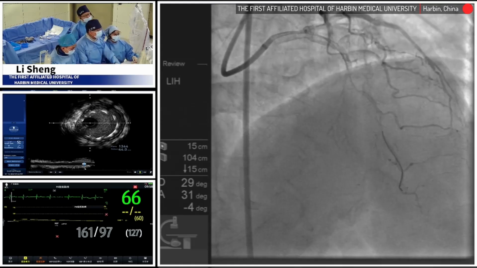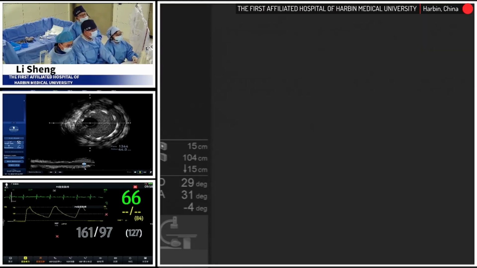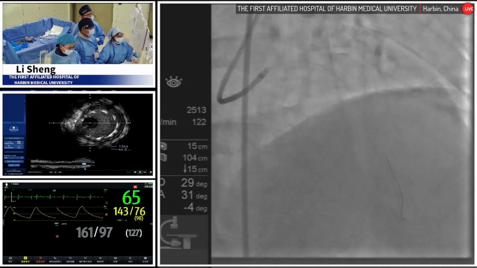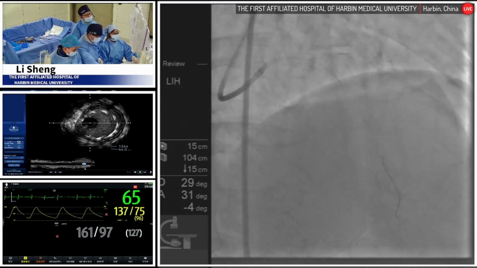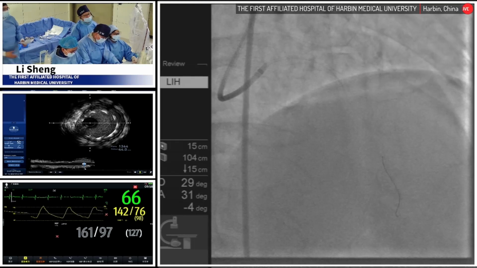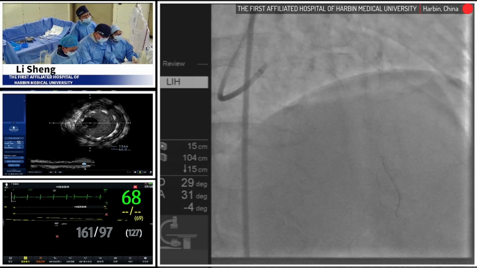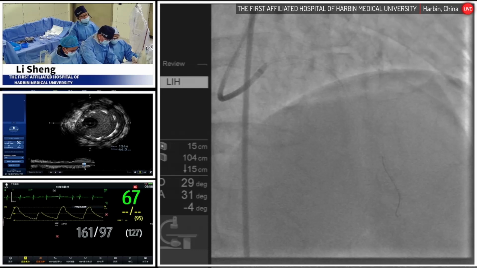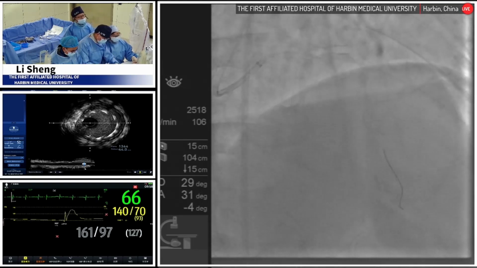The QFR post stent, main branch stent: the LAD is 0.60, 0.93, and the circumflex is 0.82. So the left main is 0.93. So we will do the final angiography. So we're not going to treat the lesion in the circumflex, right? Okay. Final angio, and then we'll finish this procedure.